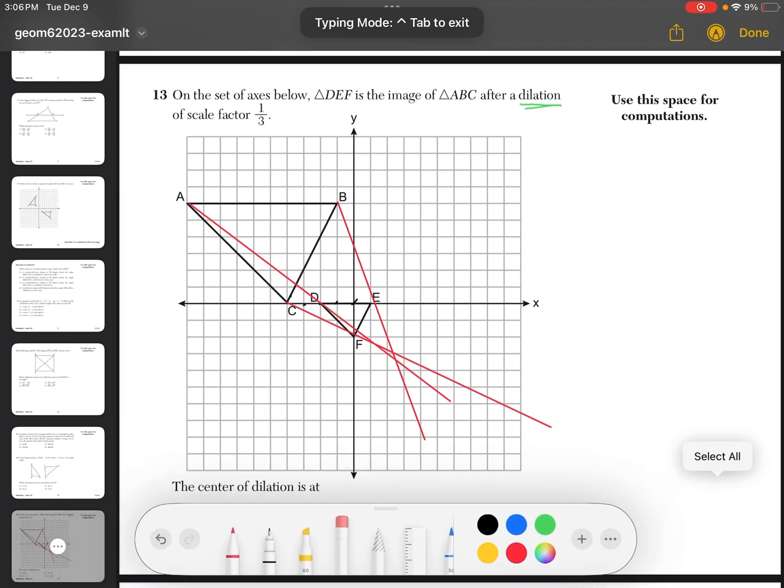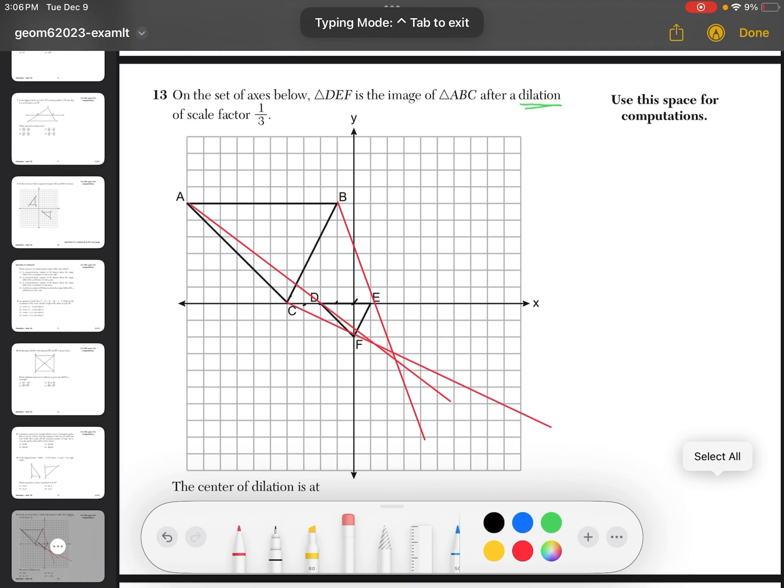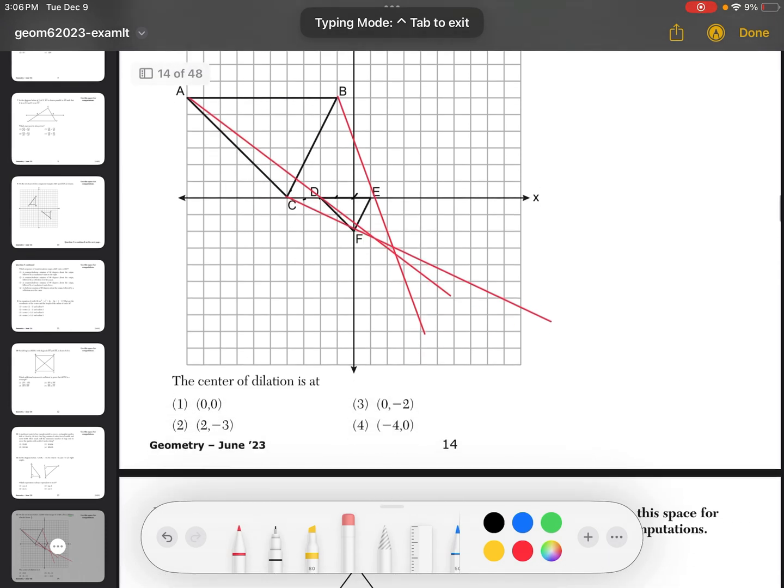And since it is pretty close, I'm going to look at my choices here and see which one of these coordinate pairs matches the point where all three of these lines intersect. And that would be 1, 2 across, 1, 2, 3 down, right here. (2, -3). Choice 2. Goodbye.